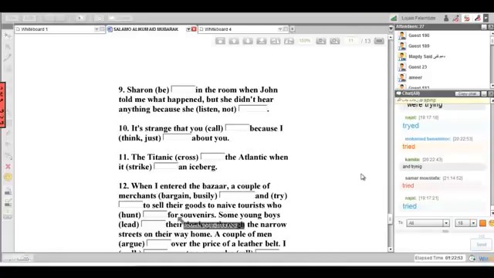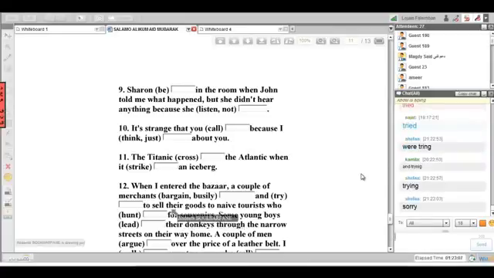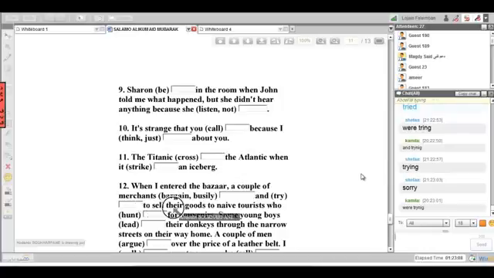Okay, just a moment. For argue, shall we write it as this one, or this one? Which is right? Arguing or arguing? First one or second one?